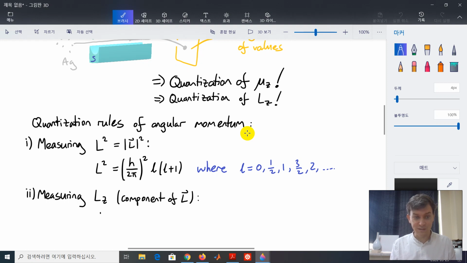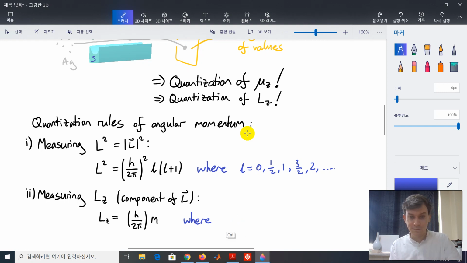In this case you find the allowed values of Lz are again h over 2 pi times m. And m is some number which depends upon L, and in particular its minimum value is minus L, then it goes up in integer units, so minus L plus 1, minus L plus 2, all the way until you hit plus L.